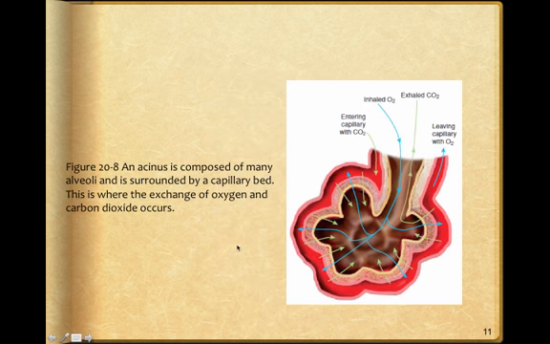This is an acinus. An acinus is a sac-like structure where air goes in and CO2 is expelled. A very brief overview, we'll talk about this again in just a second from an atmospheric point of view: there is more oxygen in the incoming air than there is in the returning sample.